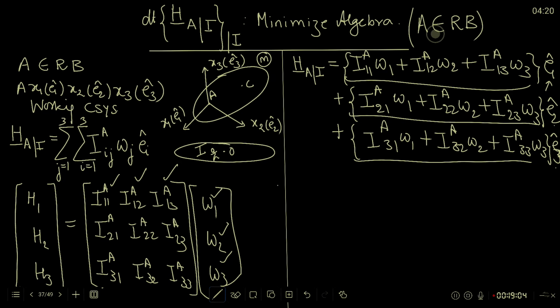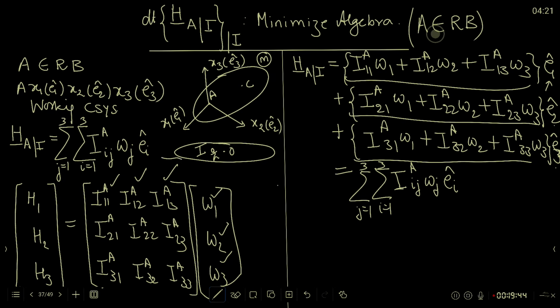If you look at this, I can write this whole thing as the summation over i and j of IA ij omega j Ei. So instead of filling 3 rows, 3 lines on my screen, I would rather like to use this compact expression and do some algebraic manipulation on this.